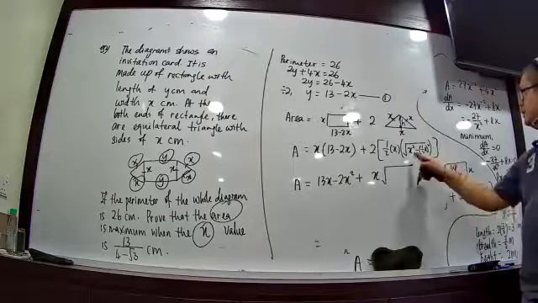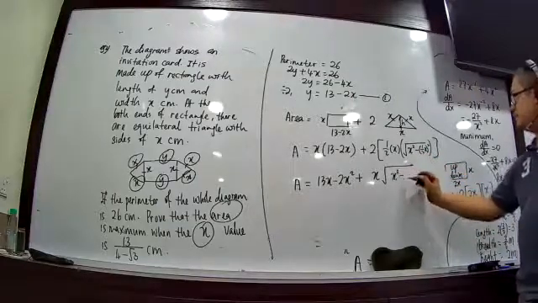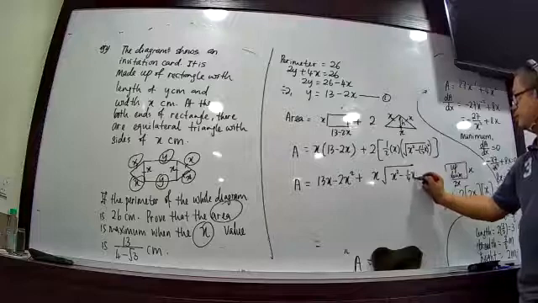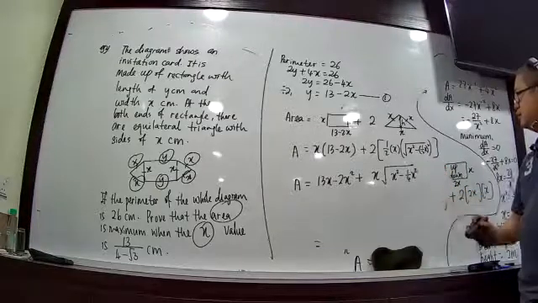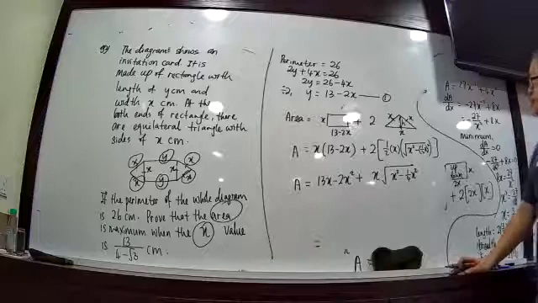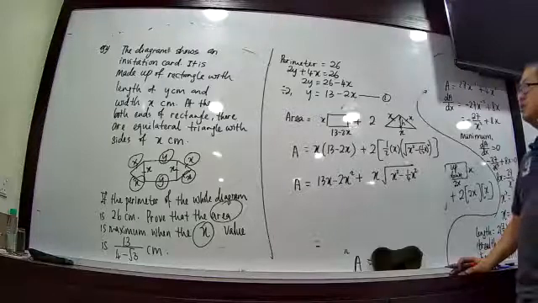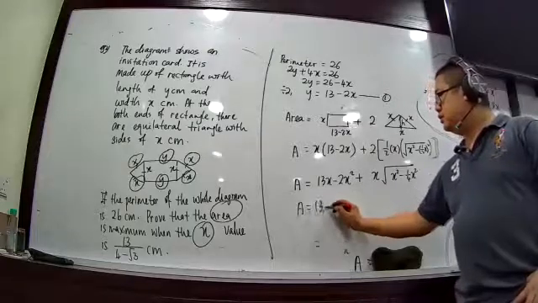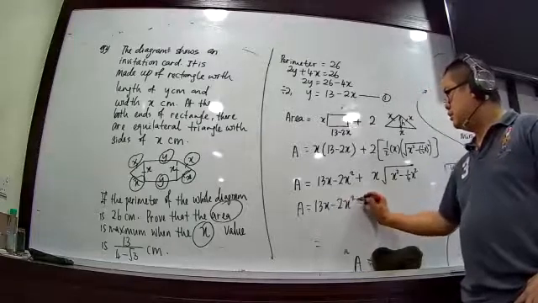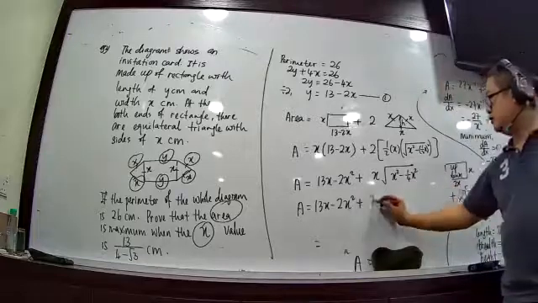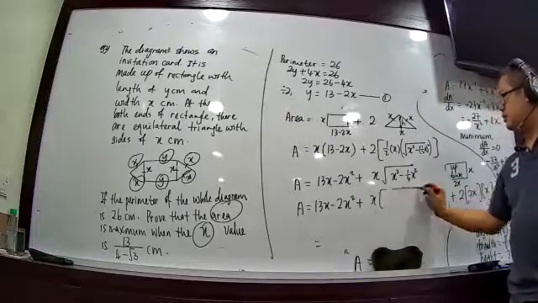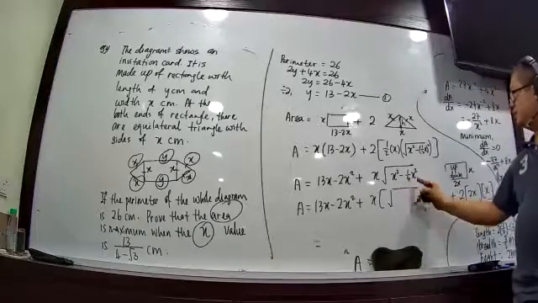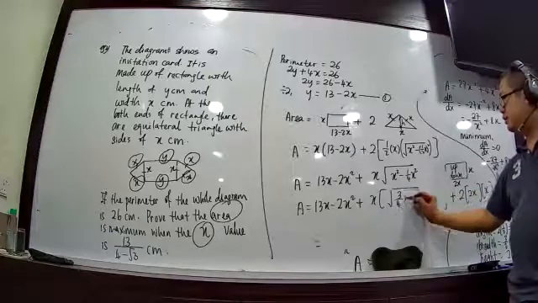So x squared minus 1 over 4 x squared, one minus 1 over 4 is 3 over 4.